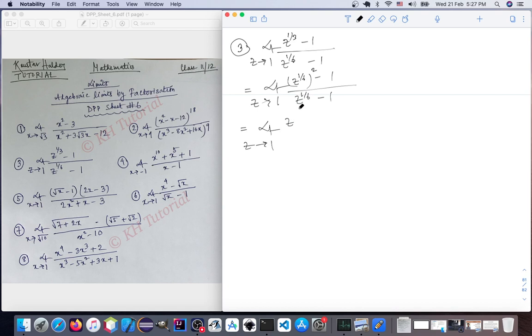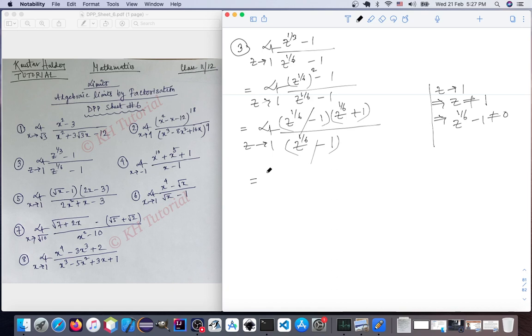This becomes, using the a square minus b square formula, so z tending to 1 implies z not equals to 1 implies z to the power 1 by 6 minus 1 not equals to 0, and we can cancel out this term and we are left with 2. 2 is the answer.